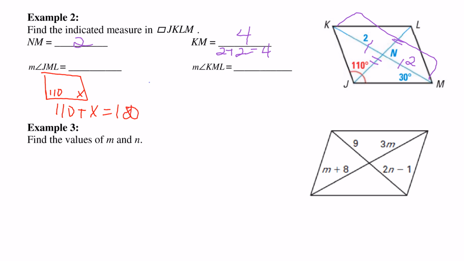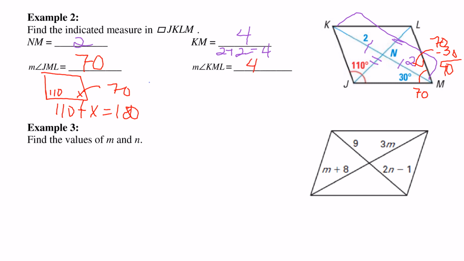So this angle right here has to be 70 degrees, and that is my angle JML. So this whole piece has to be 70, but since I already know the 30, the other part of it is 70 minus 30. So there's 40 degrees left, and that is angle KML, which is 40 degrees.